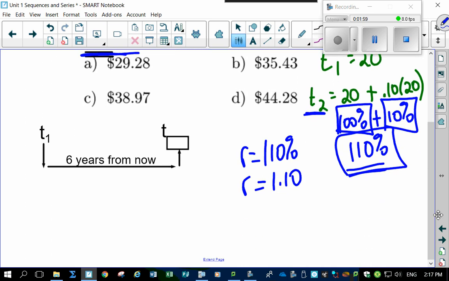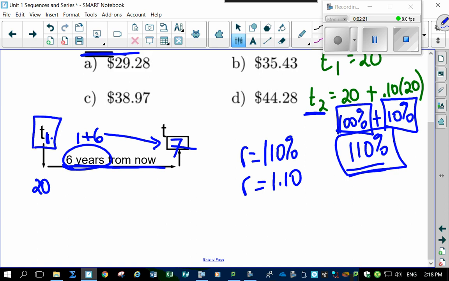If this is T1, which was 20 bucks, 6 years from now means T1 plus 6 more years, you're actually finding T7. Isn't that interesting? 6 years from now, if you were starting at 0, then it would be T6, but you're not starting at 0, you're starting at 1. So 1 plus 6 works out to be T7 is what you're after. So you're trying to find T7.